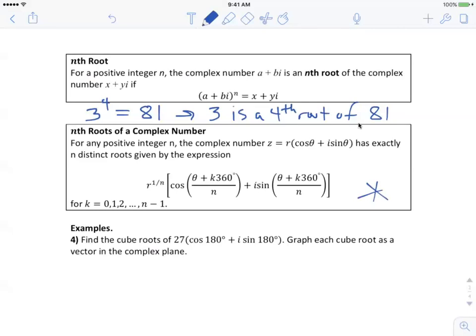Now, this is in the extended form. It looks like, whoa, craziness, but there's k's and n's. And okay, so n is the root, right? k is a counting number. You're just going to be plugging in k's. And then we know what the r and the theta are. They're the same as before, okay?